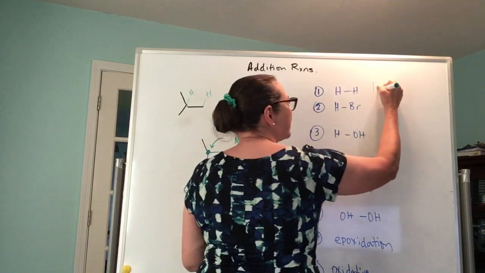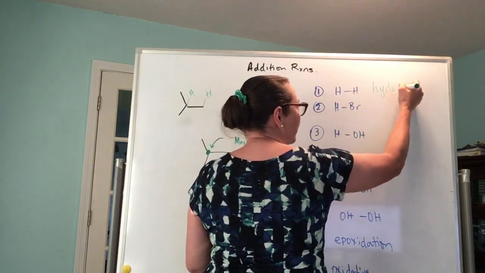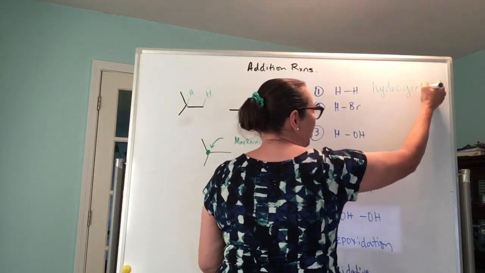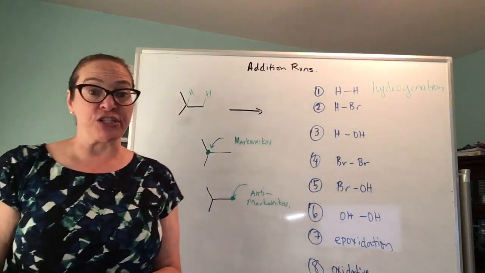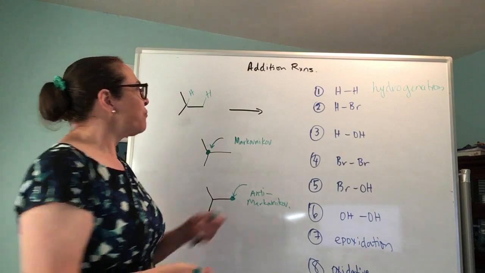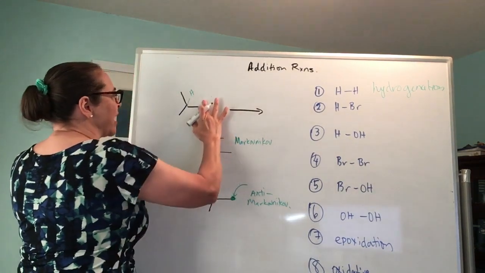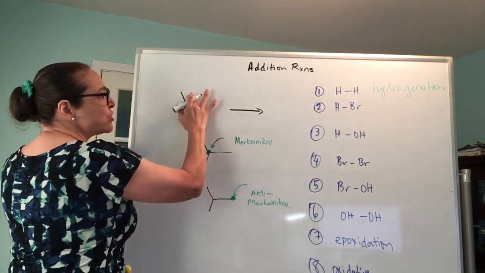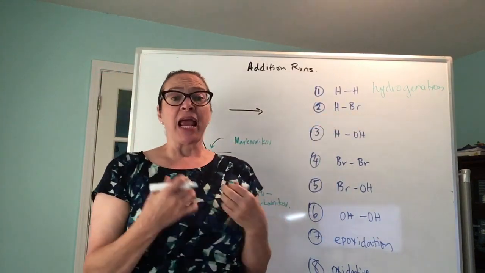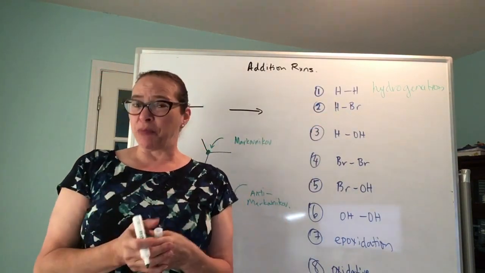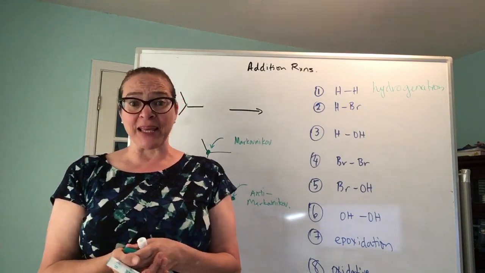So pretty common sense: hydro for hydrogen, genation for the creation of a reaction in which hydrogens are being added. For the second type of reaction, we have a reaction in which you're going to add a hydrogen and a bromine.